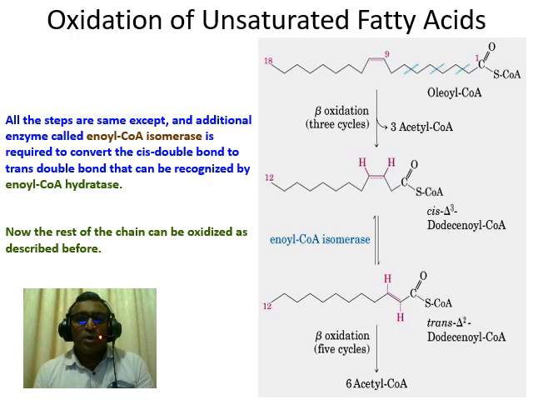And then, with the presence of another enzyme, enoyl-CoA isomerase, this enzyme will make some changes to the dodecenoyl-CoA, converting it to an intermediate of beta oxidation, and hence it will then enter beta oxidation following this conversion.